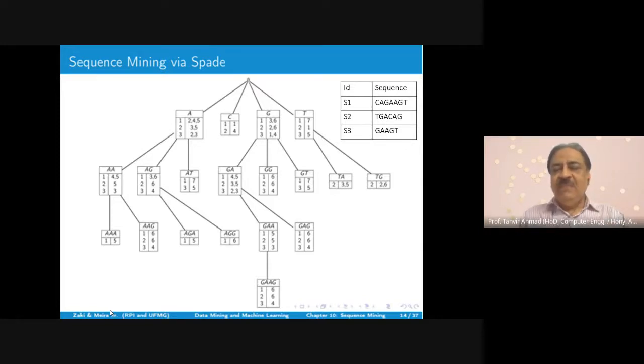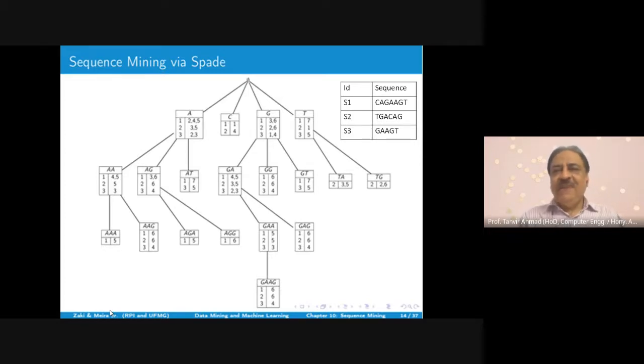When I am maintaining the sequence for AA, I am going to only put the ending position. Did you get it? I am just going to put the ending position in the extensions of A, meaning AA, AG, and AT.